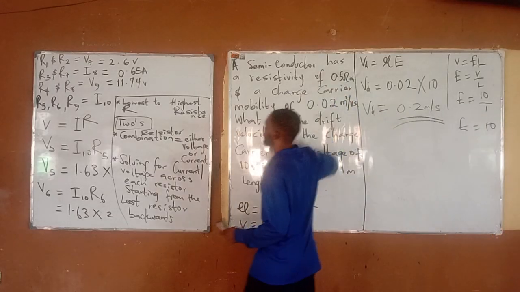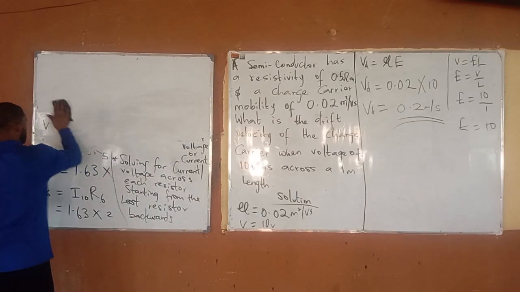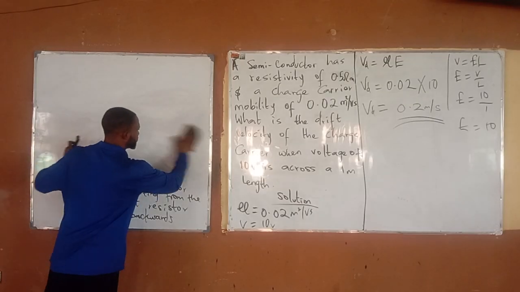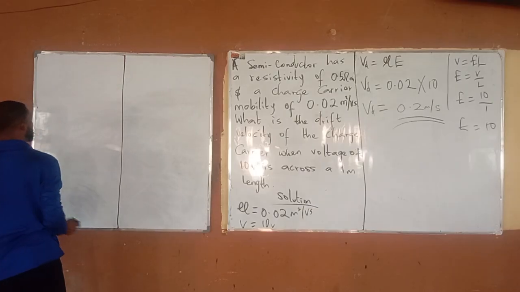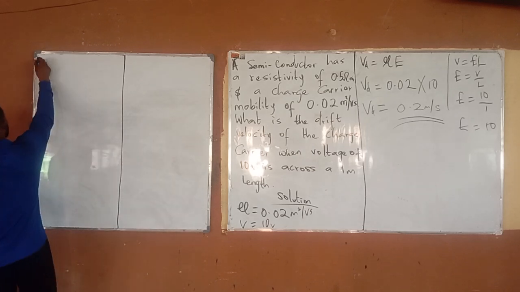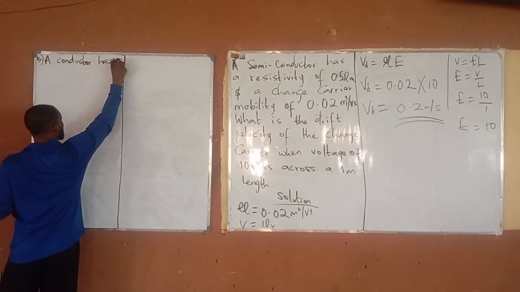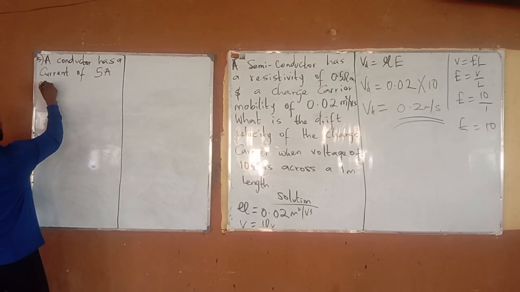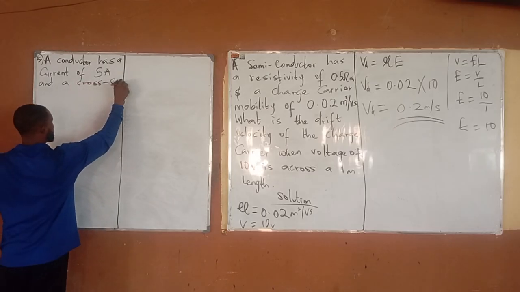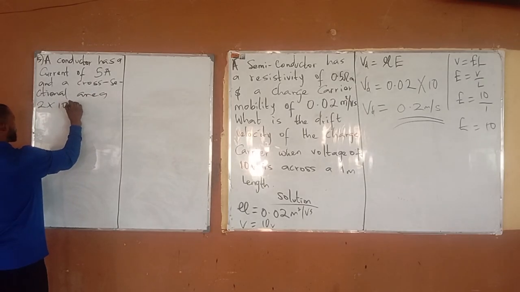Read number 5. Question: A conductor has a current of 5 amperes and a cross-sectional area of 2 times 10 raised to the power minus 6 meter cube.